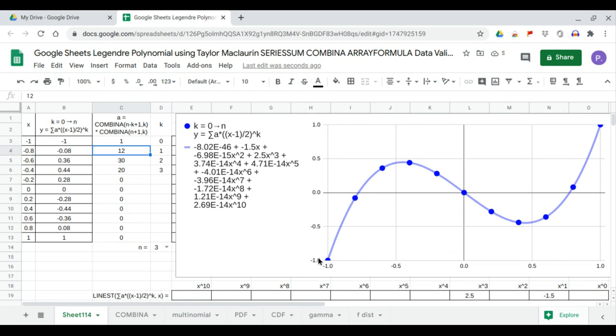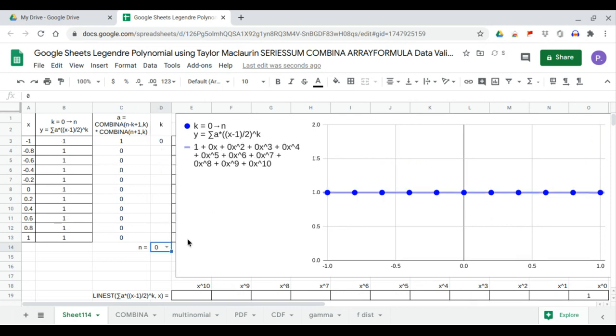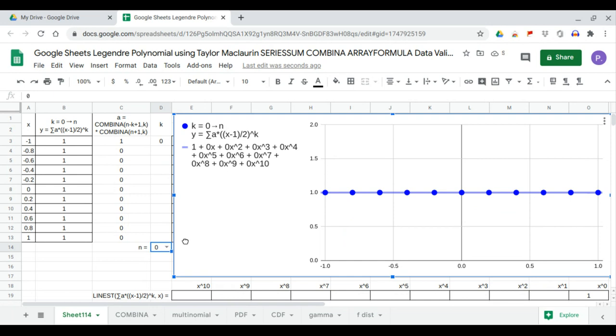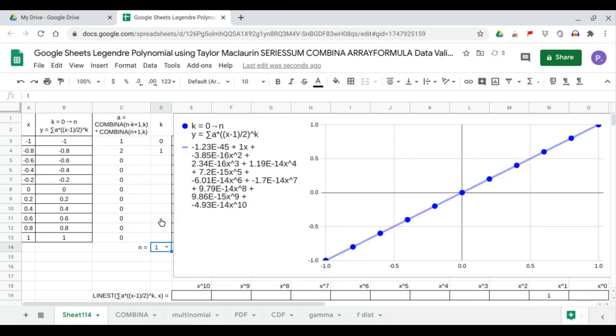So here we have the Legendre polynomial. Start from 0. At n equals 0, our Legendre polynomial is y equals 1. At n equals 1, Legendre polynomial y equals 1x.